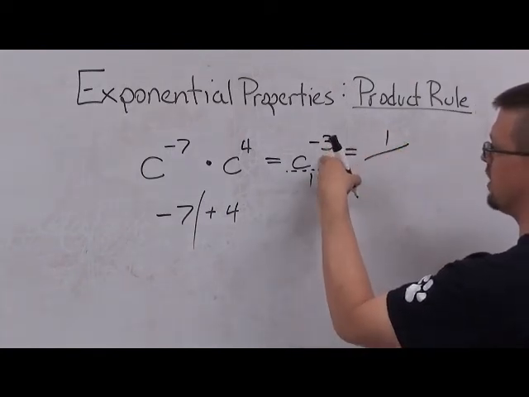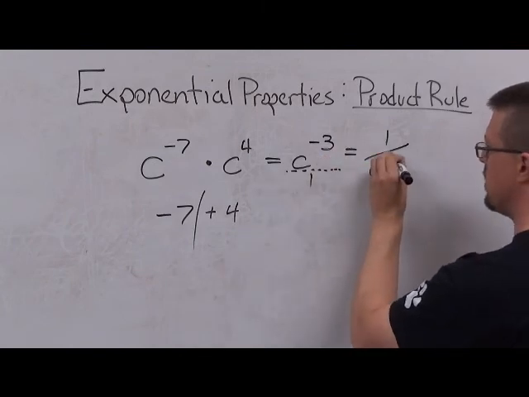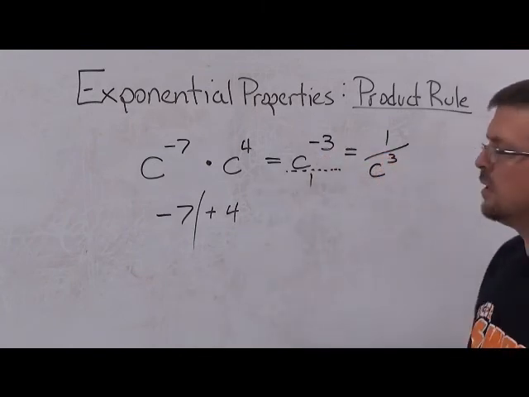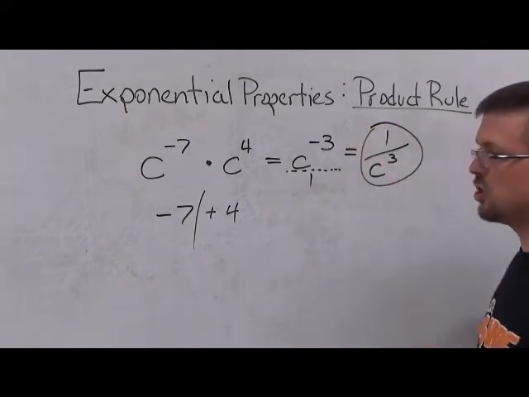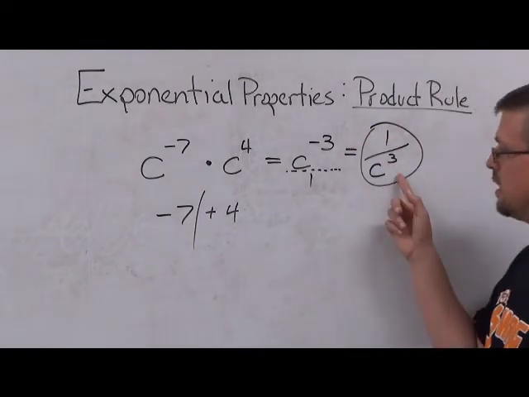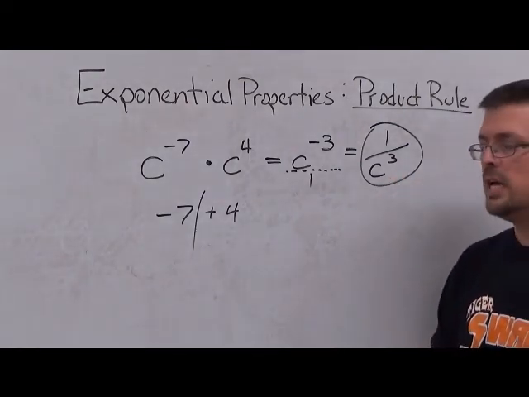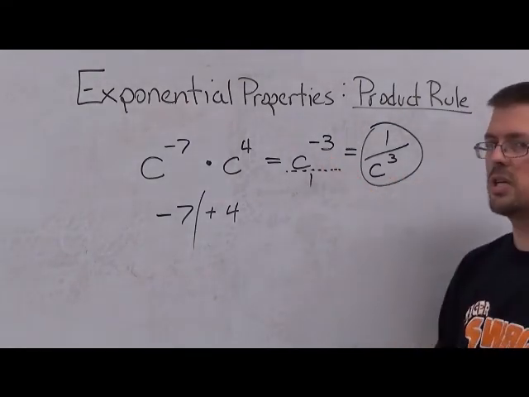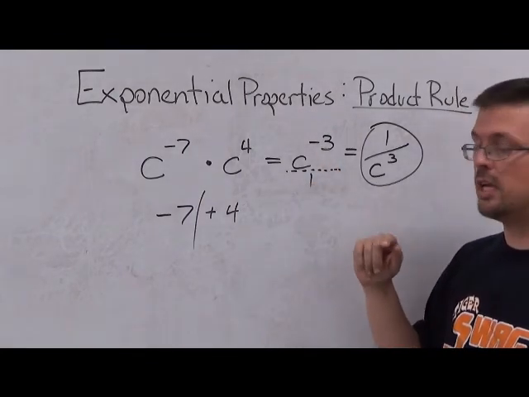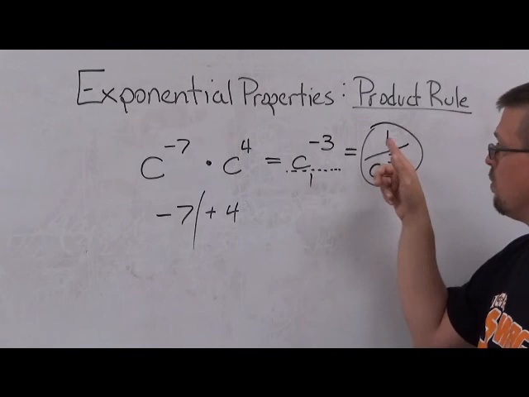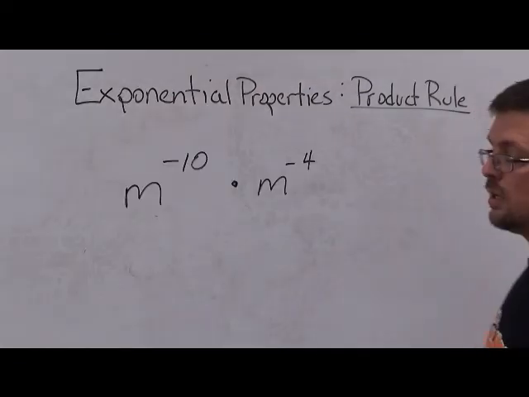So you're going to put a 1 in the numerator, the fraction line, and you're going to bring this into the denominator and take off the negative. And really your simplified answer is going to be some sort of fraction or decimal. And this right here is your simplified answer. So when you have this little negative exponent come up, you're going to have to flip it down and move it into the denominator.